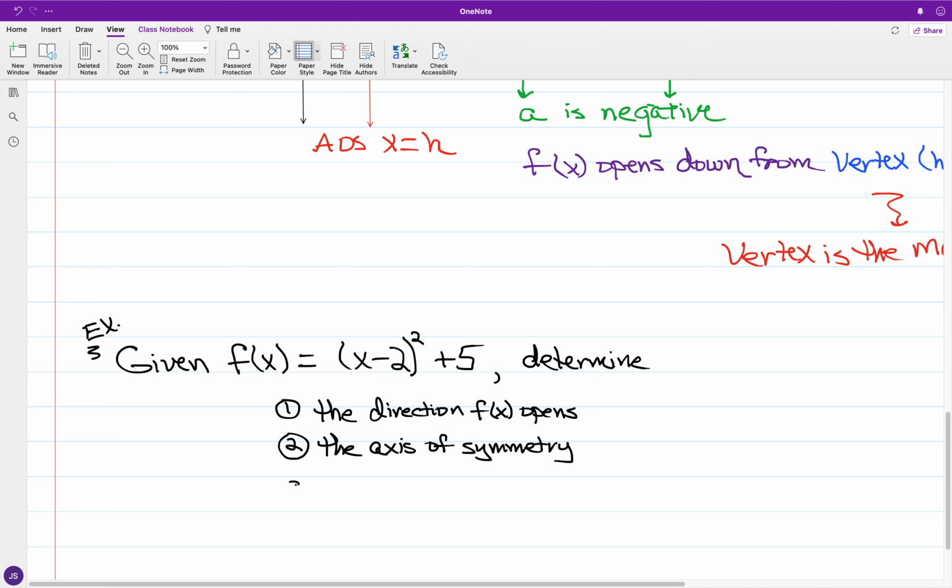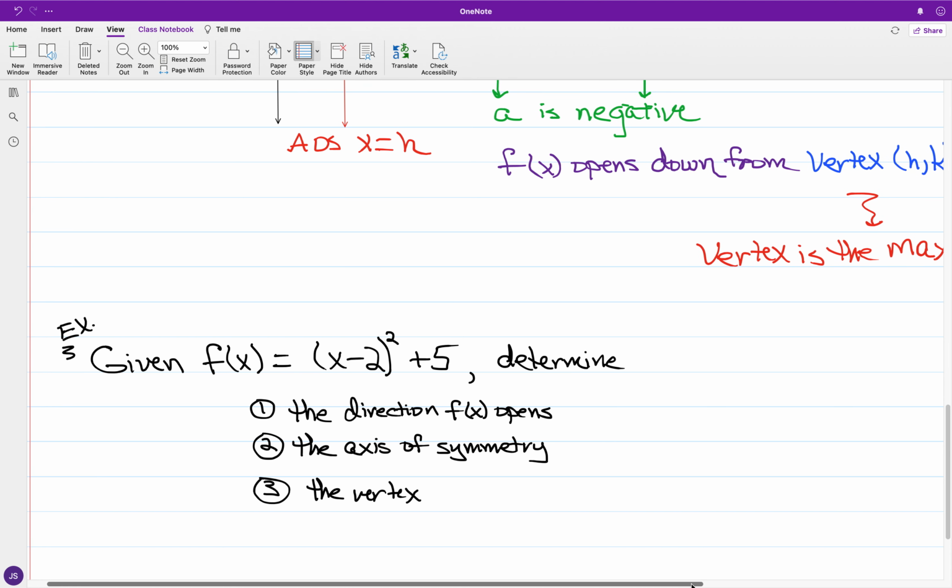And once again, identify the vertex. Again, this function is provided in vertex form.